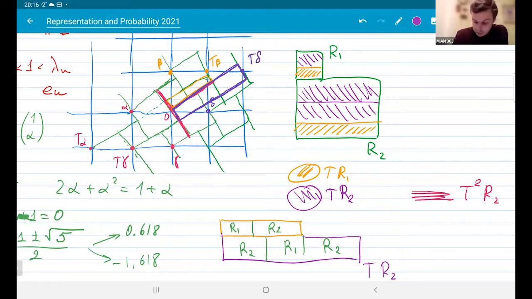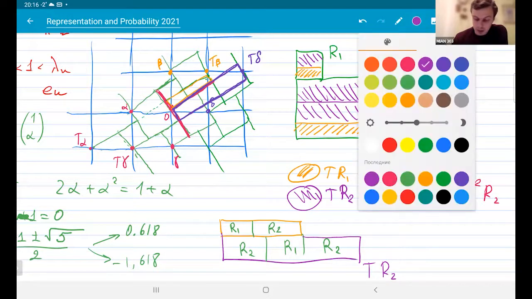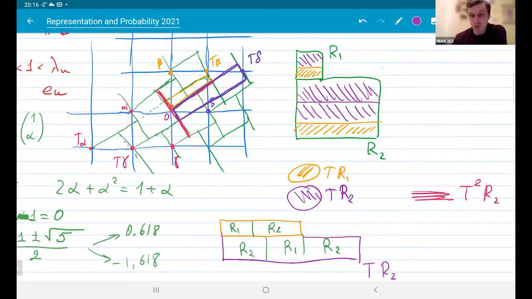Можно посмотреть на верхнюю картинку и просто применить к ней T, то есть сжать и растянуть. При этом R2 здесь перейдет в TR2 здесь, а то, что раньше было изображением TR2, станет изображением T квадрат R2.